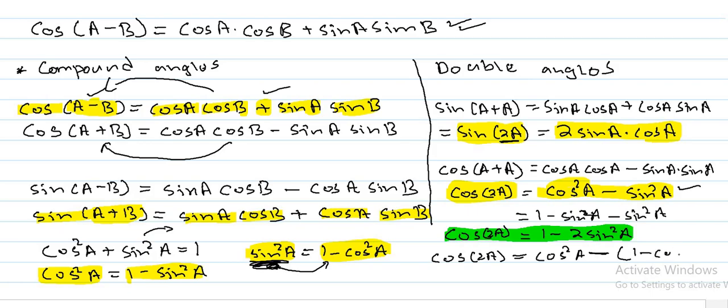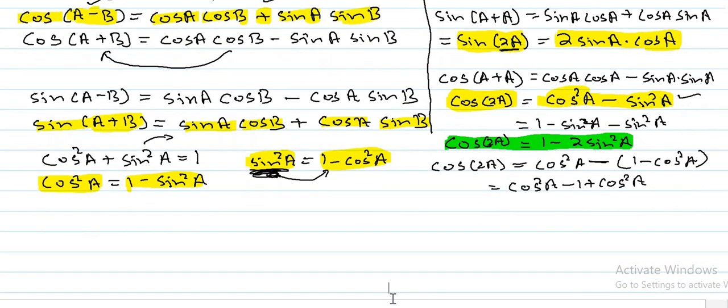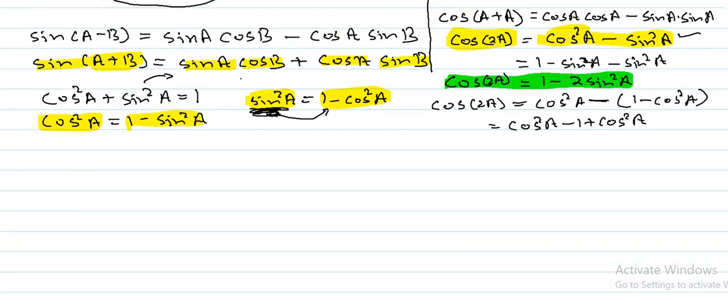So this will be cos squared A minus 1, and negative times negative is positive cos squared A. Cos squared plus cos squared is 2 cos squared A minus 1.